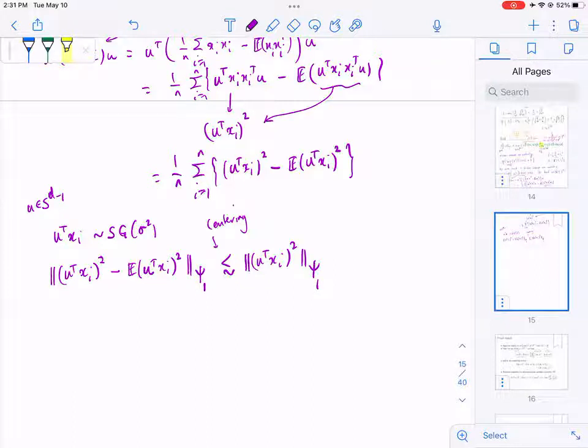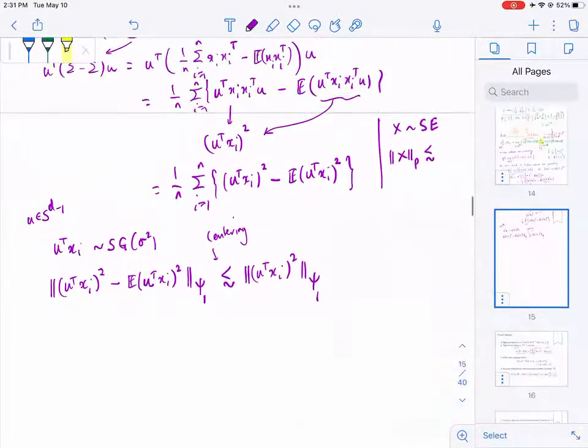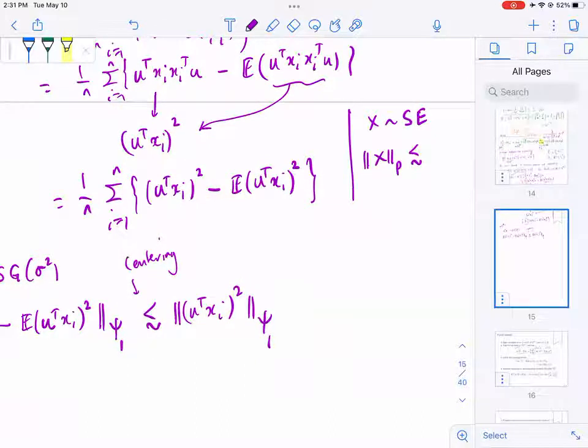You recall that if x is sub-exponential, then the pth norm, anyone remembers how it would grow? There was an equivalent characterization of sub-exponential random variables. It would be psi1 norm times p. For sub-Gaussian, it would be psi2 norm times root p. So the moments grow like root p for sub-Gaussians, and for sub-exponential, like p.